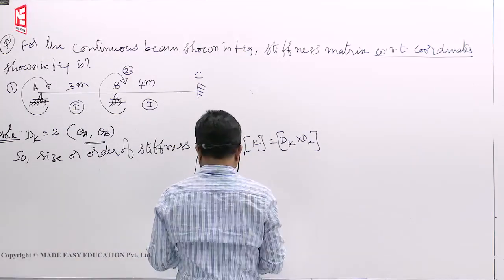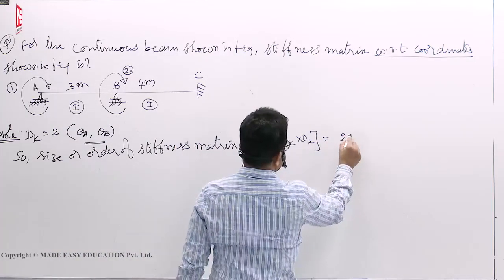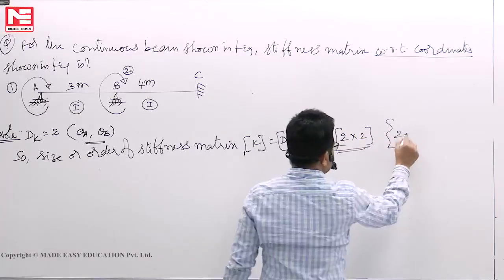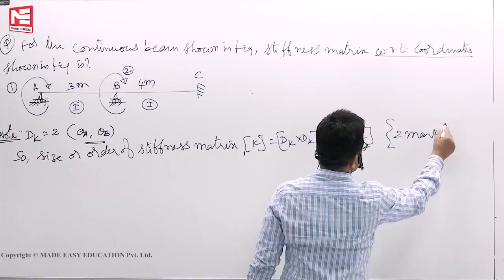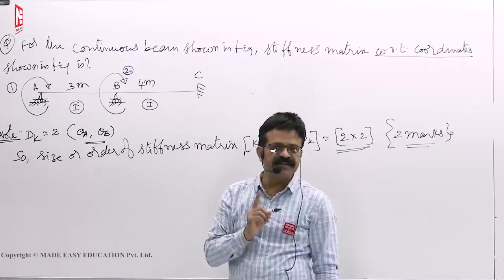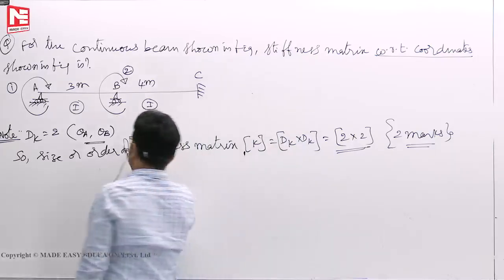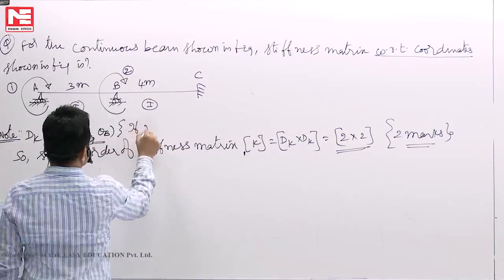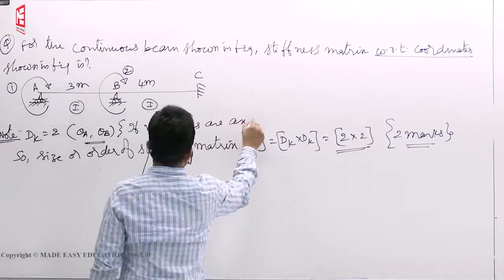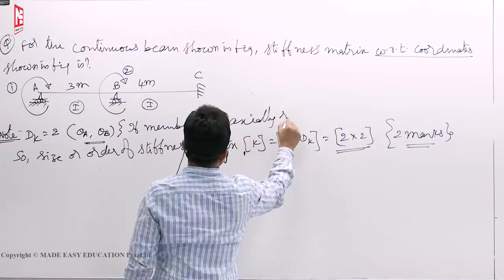So dk by dk, in this case you will get a 2 by 2 matrix. Sometimes this itself is a 2 marks question: what is the size of the stiffness matrix if members are axially rigid?